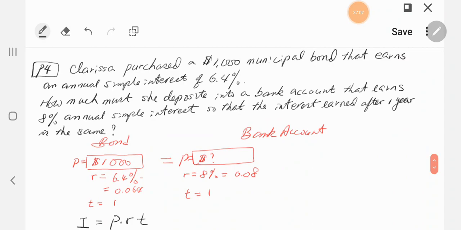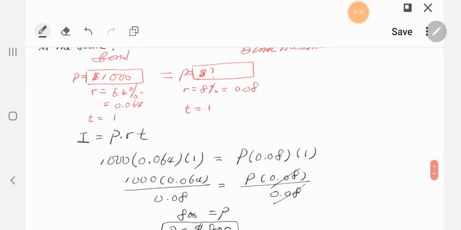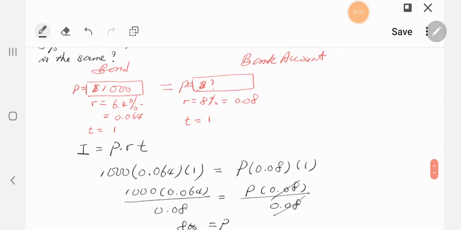Do you understand these questions? The interest amount is PRT, so the interest in the bond should be equal to the interest in the bank account. Using PRT, we can find the amount that you can deposit in the bank account.